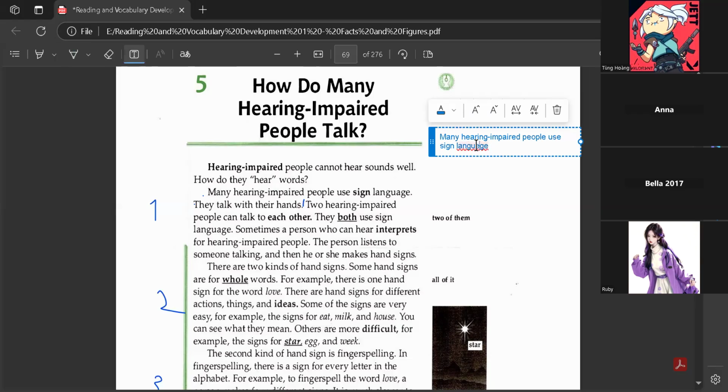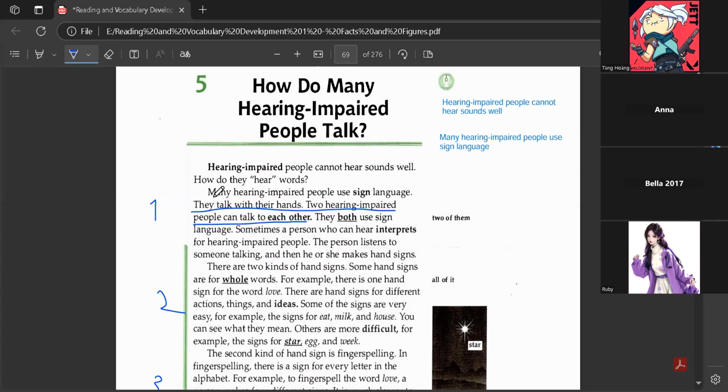We can compare like three of these sentences, from these ones to this one. The meaning of these three sentences is that hearing impaired people use sign language.